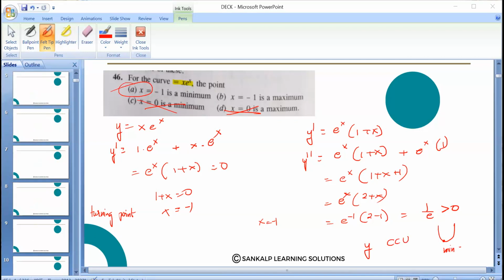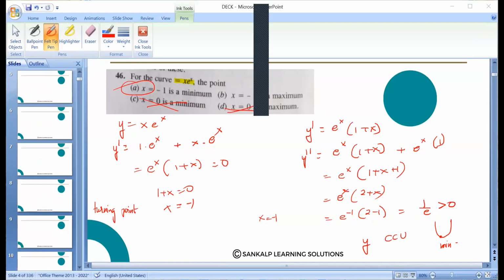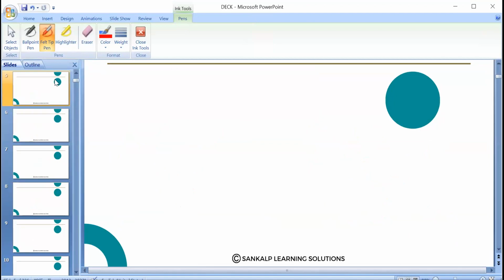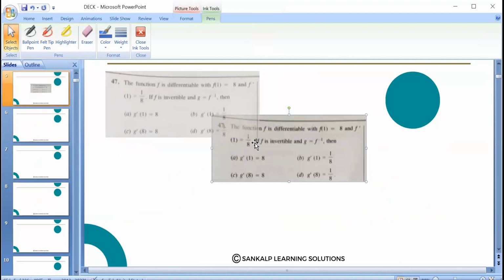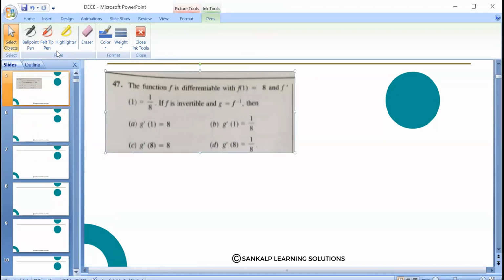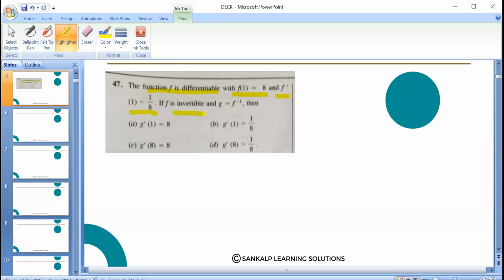Next, I'll copy question number 47. The function f is differentiable. F of 1 is 8. F dash of 1 is 1 by 8. F is invertible. G is inverse of f.